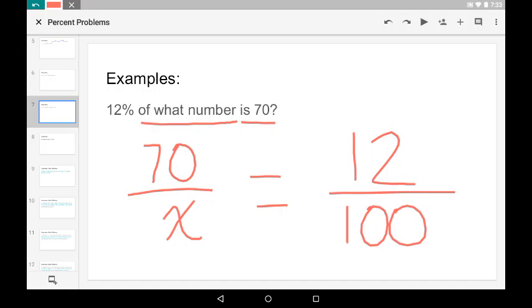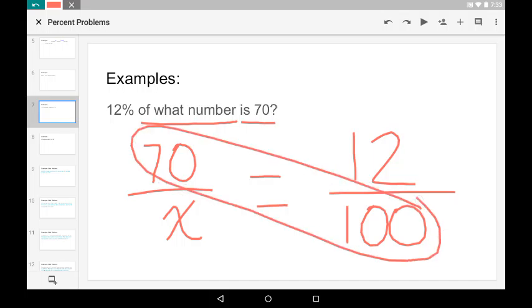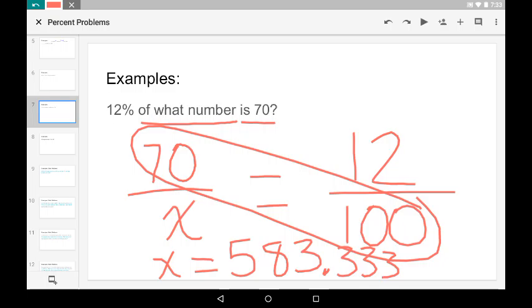So I'm going to cross multiply 70 times 100 divided by 12, and you're going to get that x is equal to 583.33333. So I'm going to round this. 583.333, and so on, will give me 583.